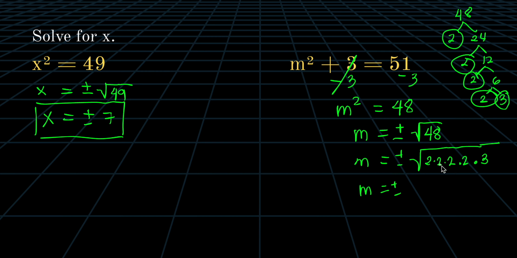If you multiply these numbers, the result must be 48 itself. We can even write it as 2, 2, 2, 2. There are four 2s, so we can write it as 2 raised to 4. And we have the remaining 3 here.